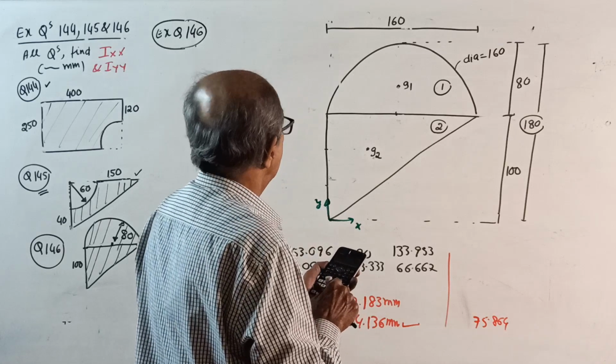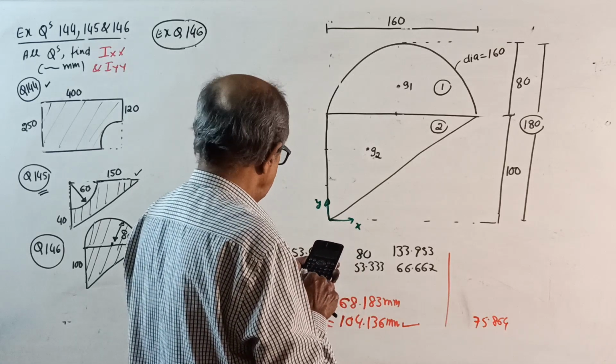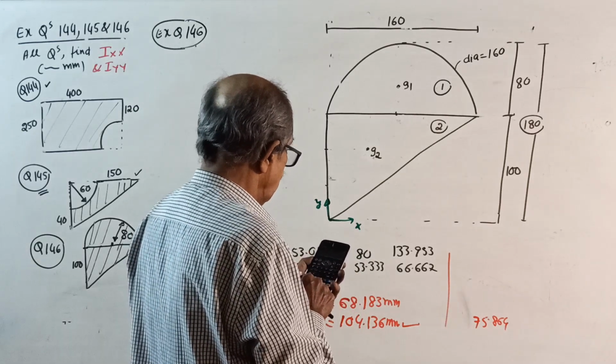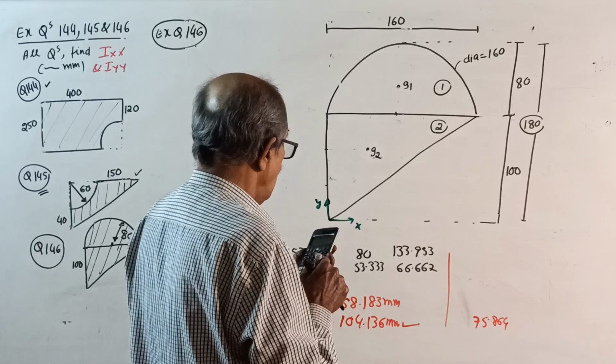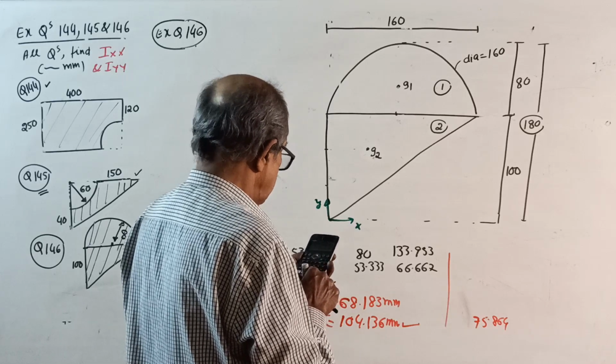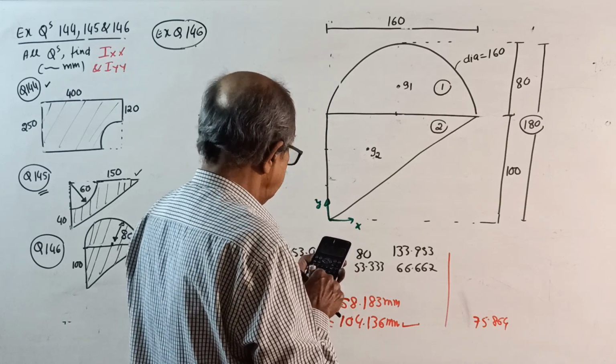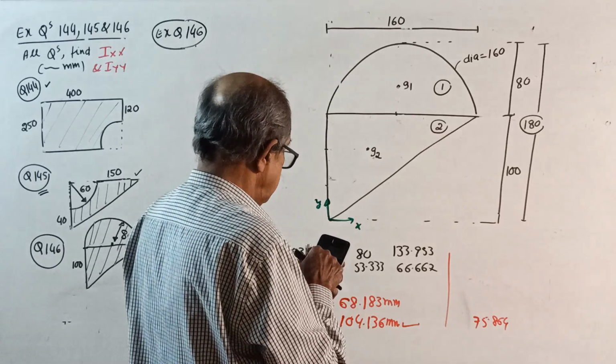Other one, 10053.096 into 80 plus 8,000 into 2 by 3 of 160 divided by shift store A.